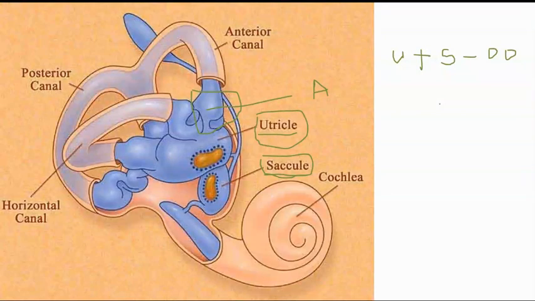In the same way, we can sense this linear acceleration with the help of the macula present in the otolith organ. The saccule can receive the vertical movement. For example, if you are in a lift and moving upward or downward, this can be sensed by the saccule. So the saccule senses the vertical movement, whereas the utricle senses the horizontal movement.